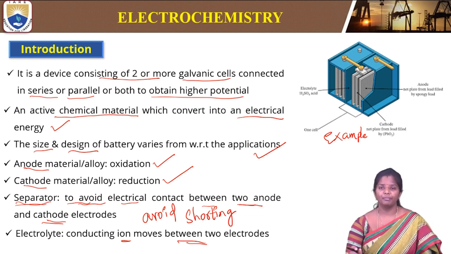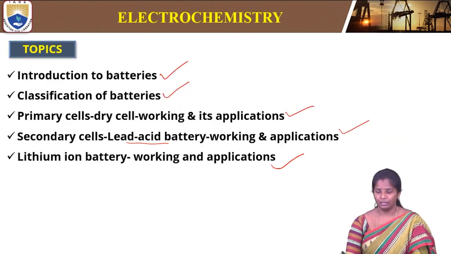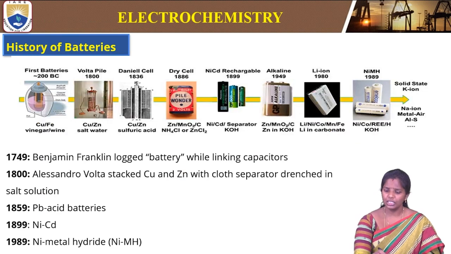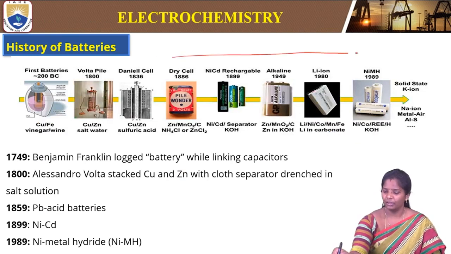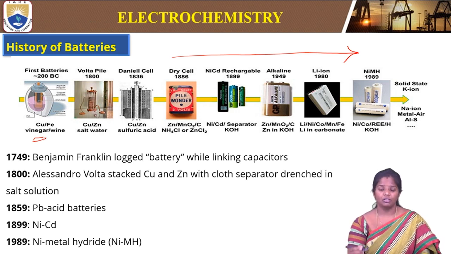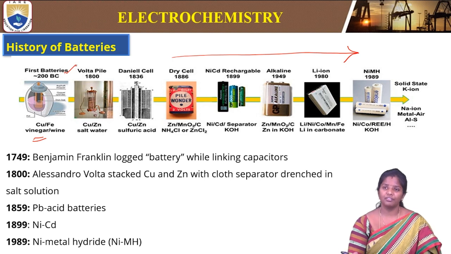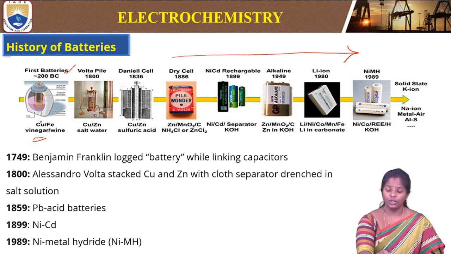This is a type of battery. Why and when it was introduced or invented, and then how the development has taken place. So this is the history of the battery. The first cell was manufactured or discovered around 200 BC. These are the first batteries that were used around 200 BC.